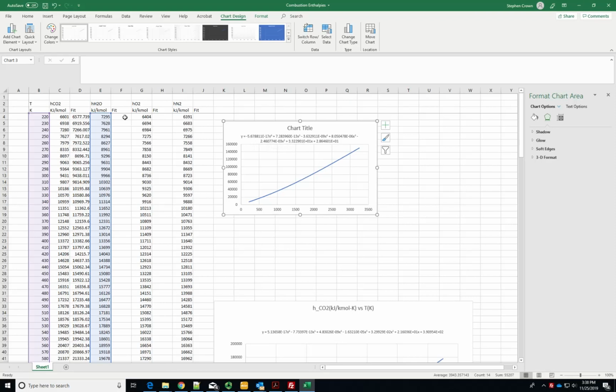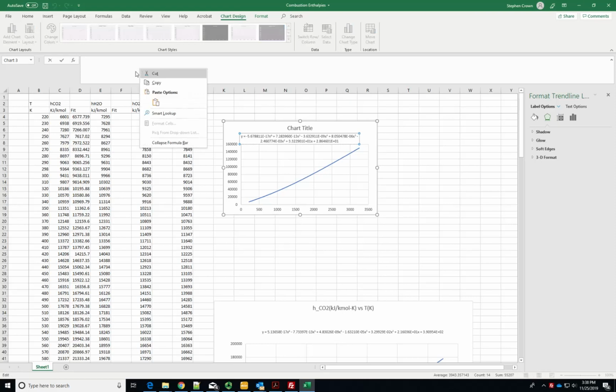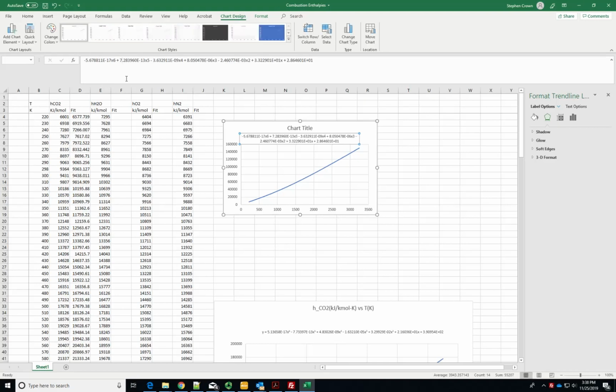If you want to plot that just to see that you have it right and it looks correct, you can do Control C and Control V. You can paste that, and then of course this power you have to type in a little differently. So I'm going to take the, not sure what cell I'm working on here.